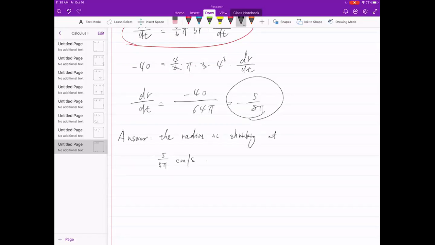And particularly, I'm looking for the information of the unit. I'm looking for, can you tell the phenomenon? Because it's shrinking. How do you know it's shrinking? Because dr over dt is negative. That means r is getting smaller, not bigger. If you end up having something positive, you're not going to say it's shrinking. You're going to say it's expanding or inflating. But for this case, it's shrinking.